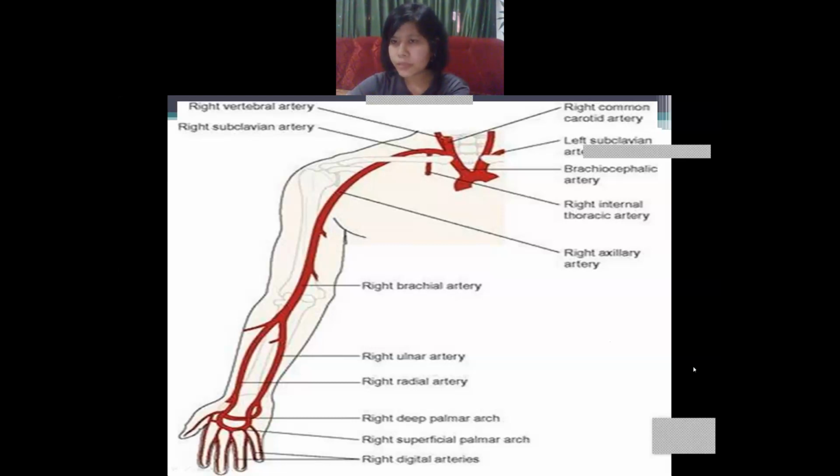For example, the right brachial artery, where does it lie? I will mark an arrow here. So I will ask you to choose where the brachial artery is. In this way it will come.